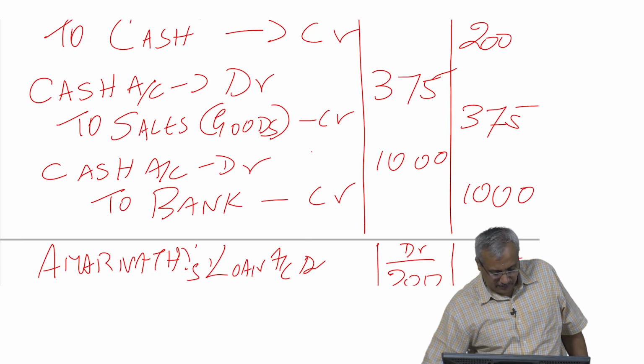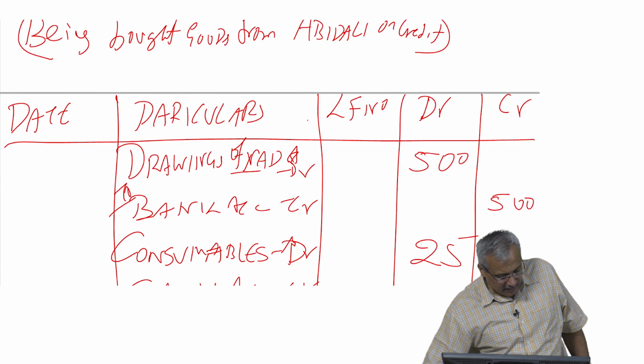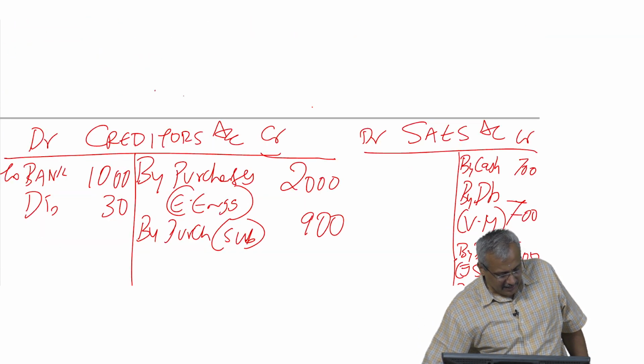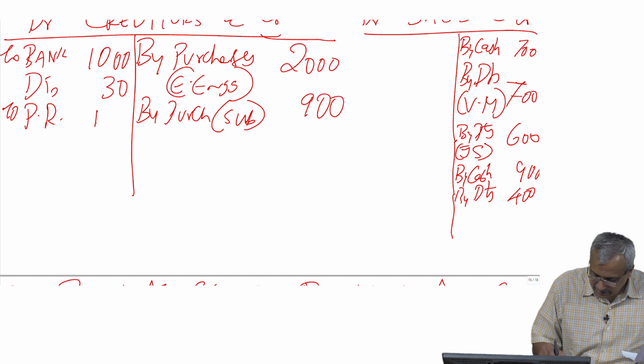So creditors account has been debited by my purchase returns, rupees 100.